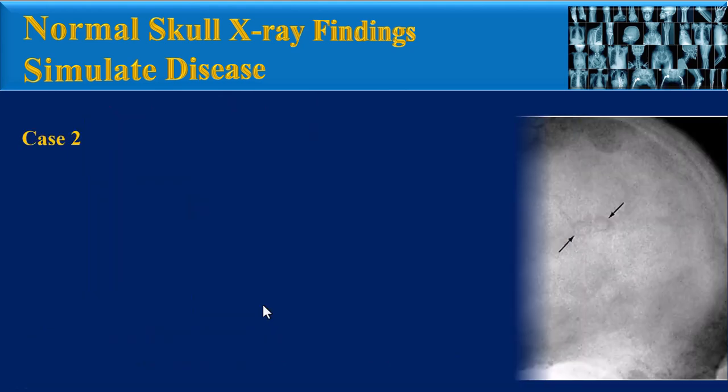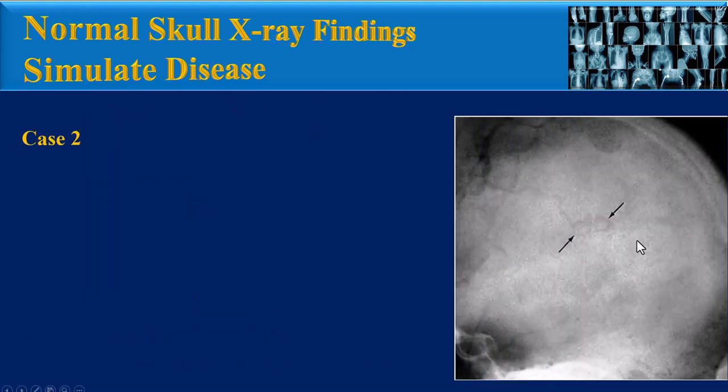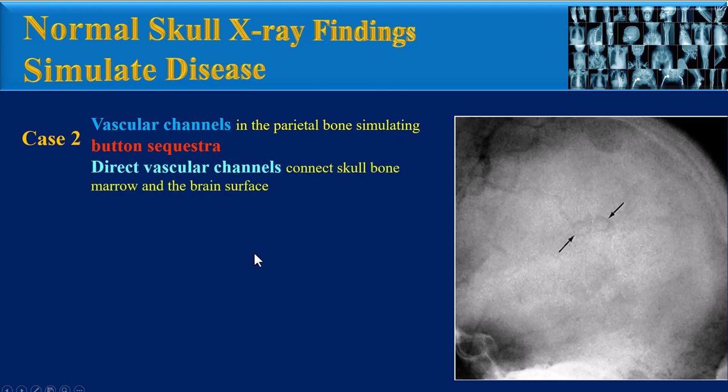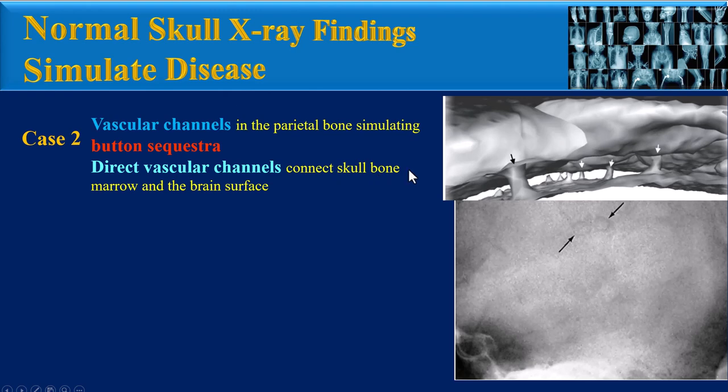Case 2. This image shows two well-defined sclerotic lesions with a lucent halo similar to sequestrum. But really they are vascular channels in the parietal bone simulating button sequestra. Direct vascular channels connect skull bone marrow and the brain surface, as you can see in this beautiful electron microscopic image.